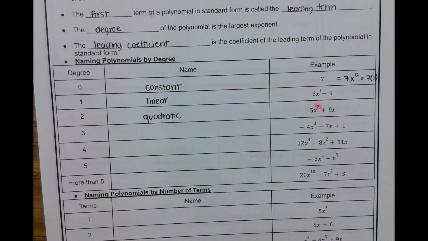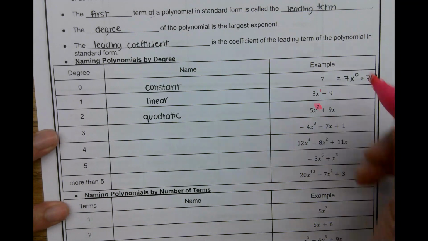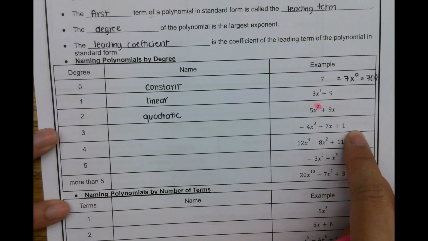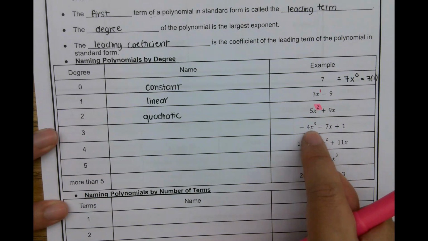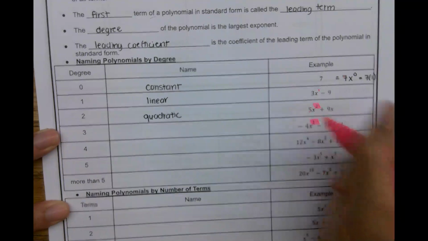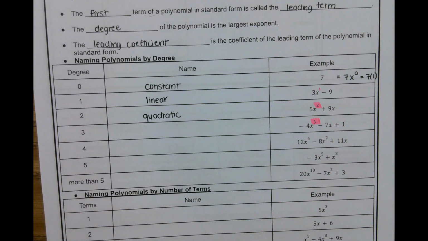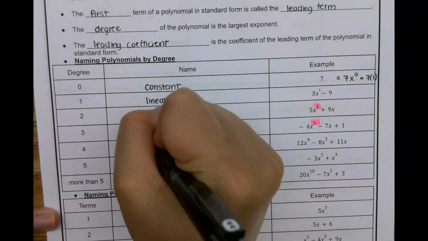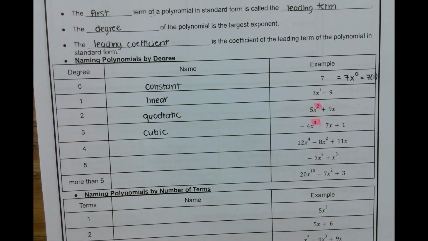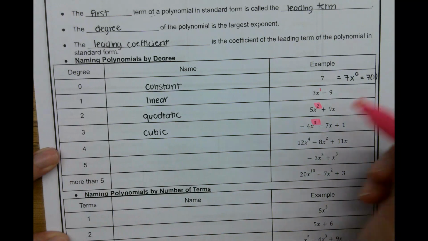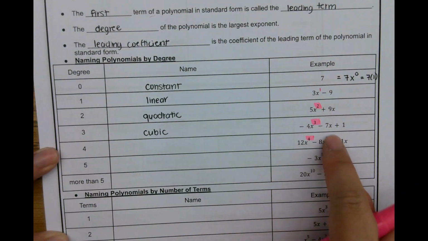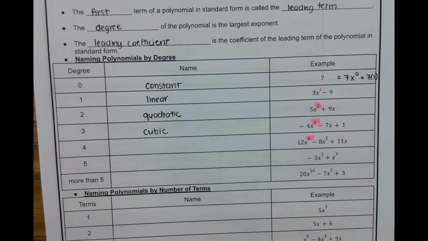Okay. When it's a degree of 3, right, it's written in standard form, so we can see that it's decreasing in power: x to the third, x to the first, no x's. So here it's always the highest exponent. So x to the third, this is known as a cubic polynomial. A 4th degree, right, it is in standard form, so x to the 4th, x to the 2nd, x to the 1st. So 4 is the highest degree here.